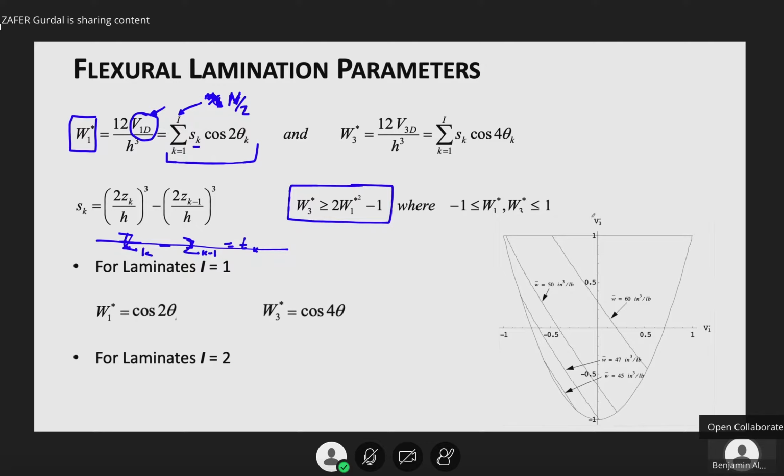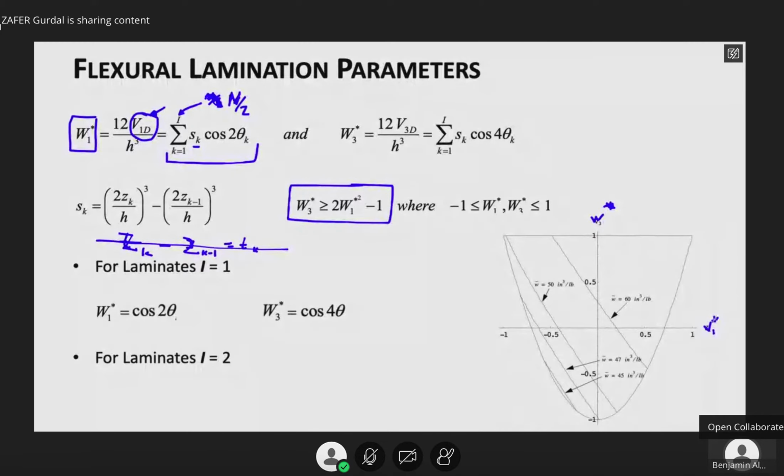So this is W3 star and this is actually W1 star. So this in-plane diagram for Mickey, Mickey's in-plane stiffness diagram, becomes a bending stiffness diagram.